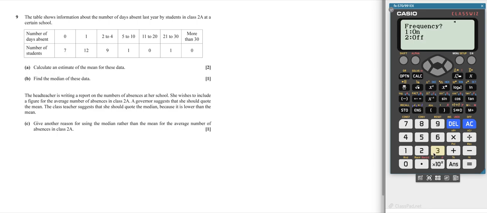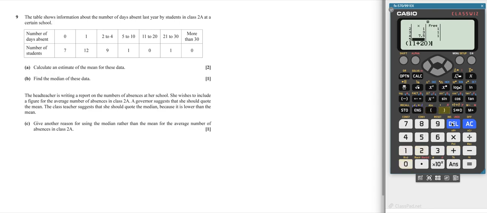So I'm going to go into the setup for that and go frequency on.